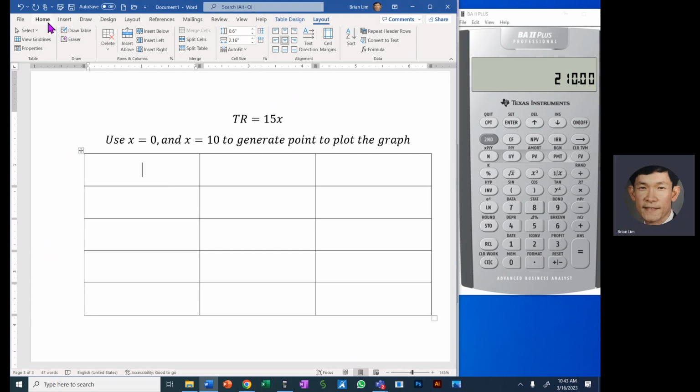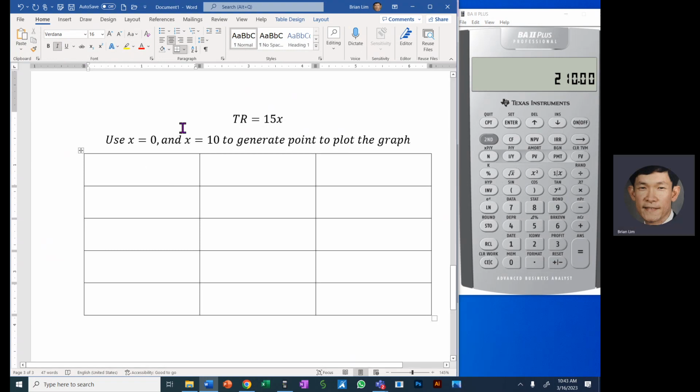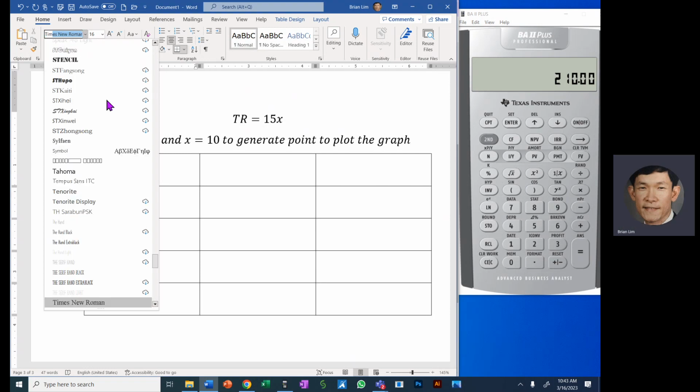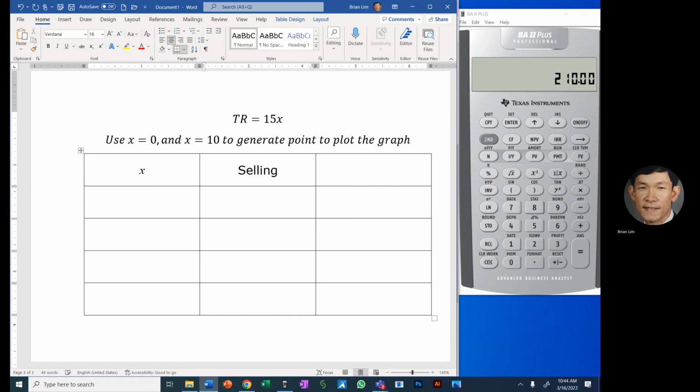But maybe you don't like that X. I'd like some italics, and so we go with X, all right? But that one wouldn't be nice, so we can go to the Times New Roman, and if we do that one, then the X will be very nice. Yes, we get a nice looking X. That's the X we want. All right, so let's get rid of the italics. We don't need that anymore. So the selling price is what? Well, that's what we should do. The selling price is equal to what?